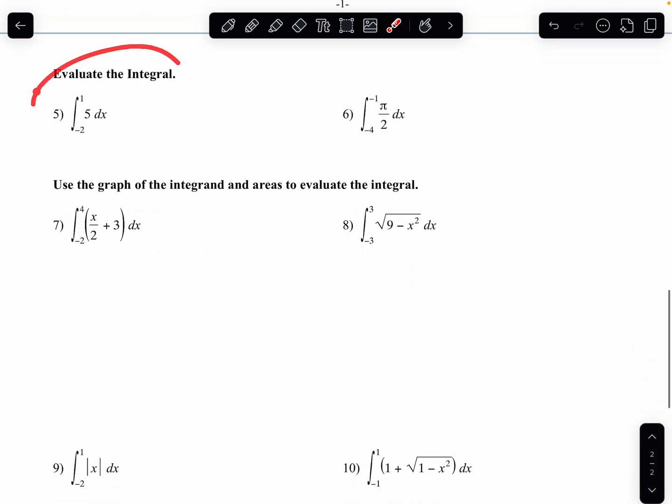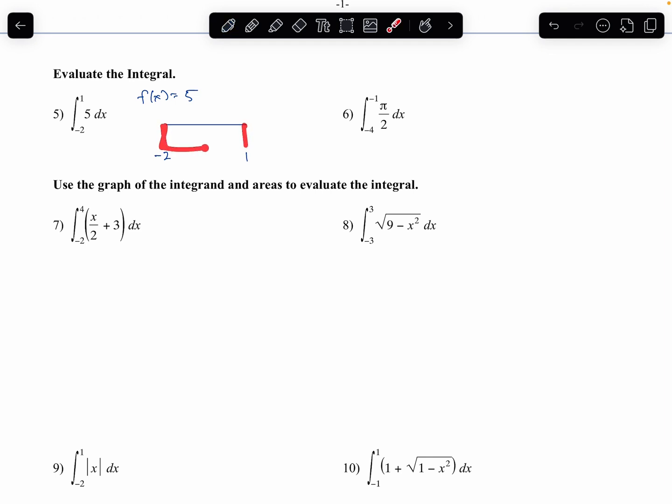So evaluate these integrals right here. So this integral right here, notice that these are constant. So these functions right here, so f of x is equal to 5. Let's just say that right there. That's a constant function. So if I have a constant function from -2 to 1, and I'm finding the area underneath the curve right there, that's just a rectangle.